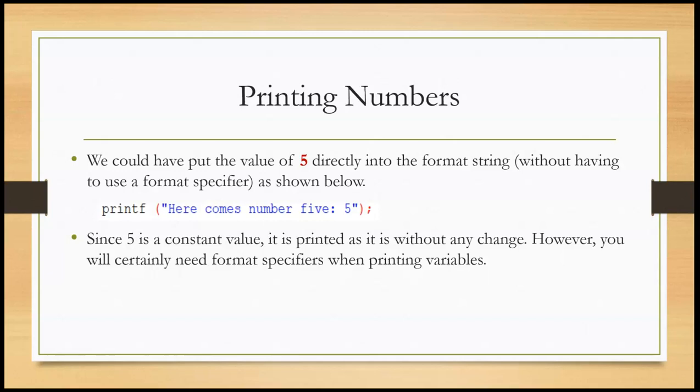Now this printf statement will print the phrase here comes number 5 colon 5 as it is. Since 5 is a constant value, it is printed as it is without any change. However, you will certainly need format specifiers when printing variables.